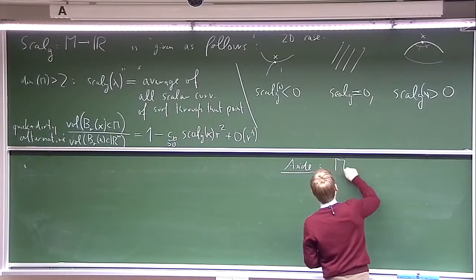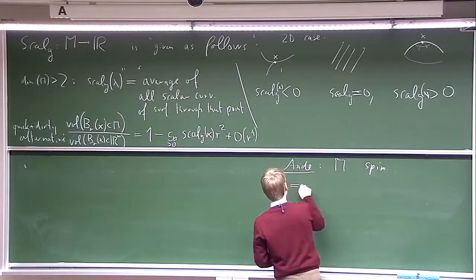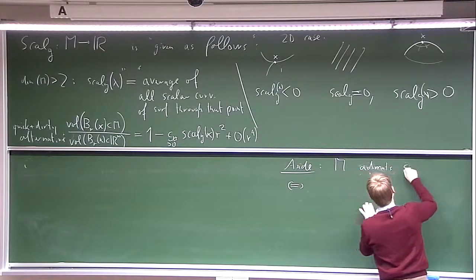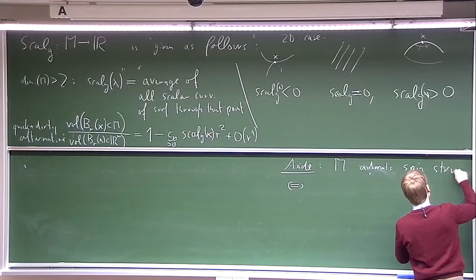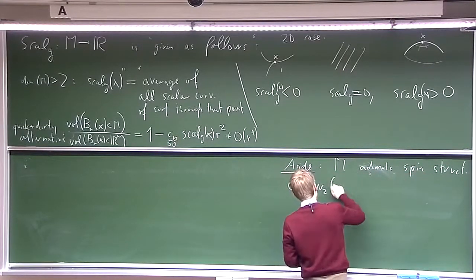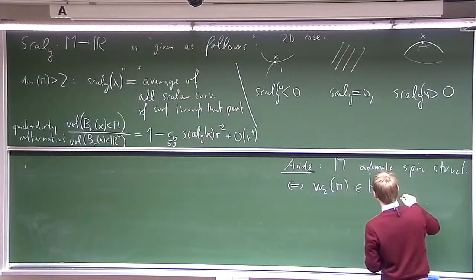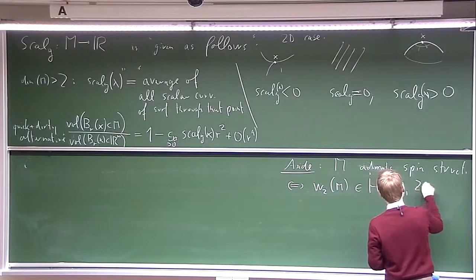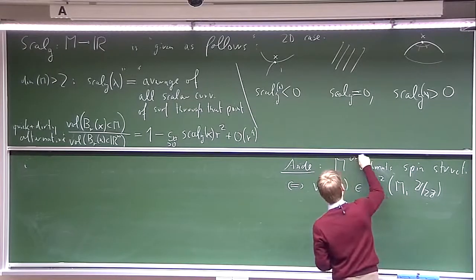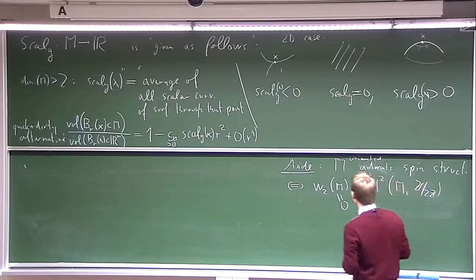M admits a spin structure if and only if the second Stiefel-Whitney class of M, which lives in the second cohomology of M with Z mod 2Z coefficients, is 0. And let's say M should be oriented to start with, so that I don't have to worry about the first Stiefel-Whitney class.